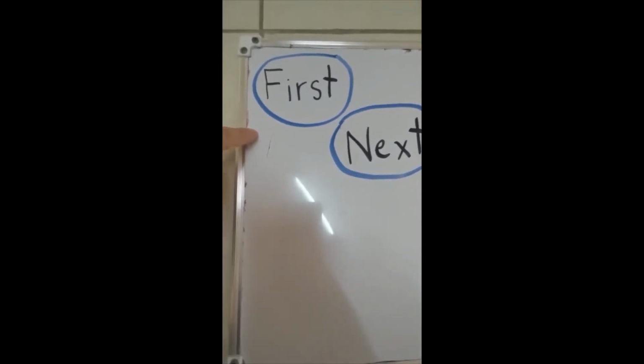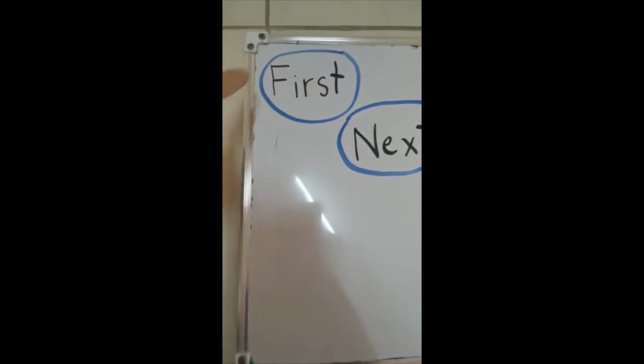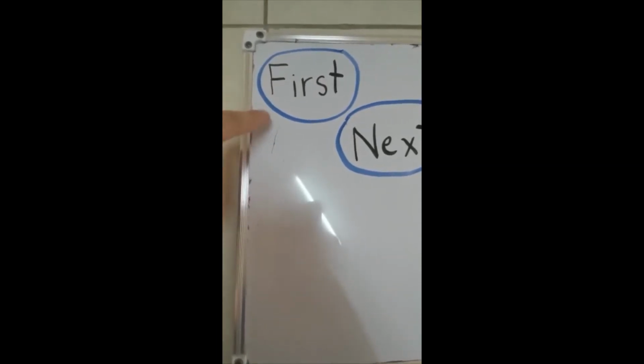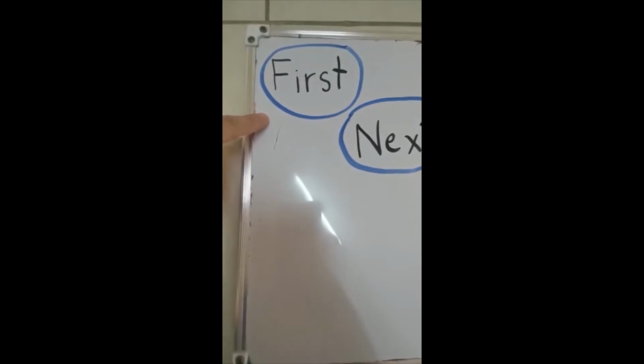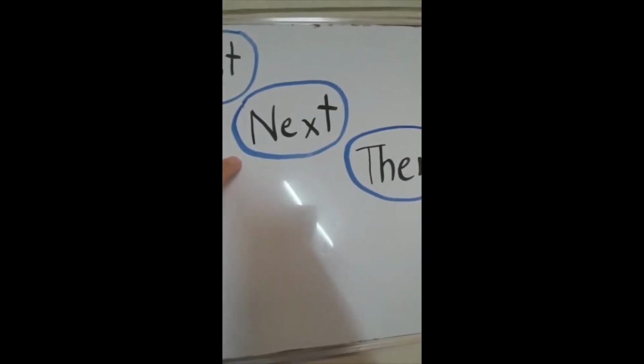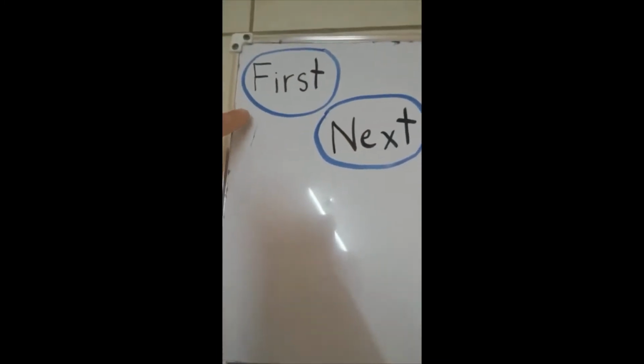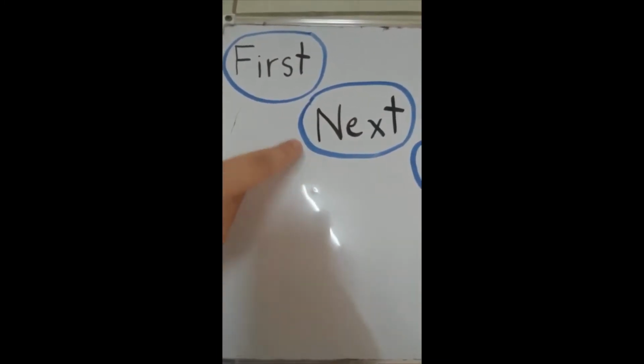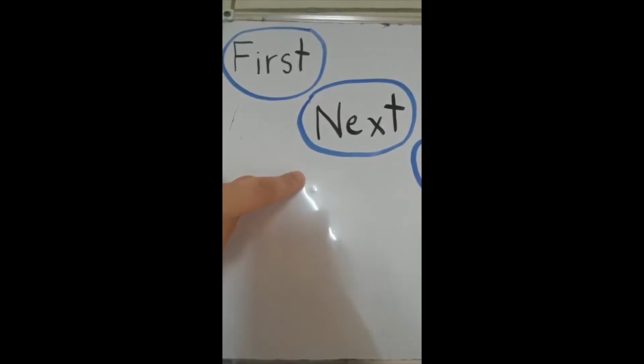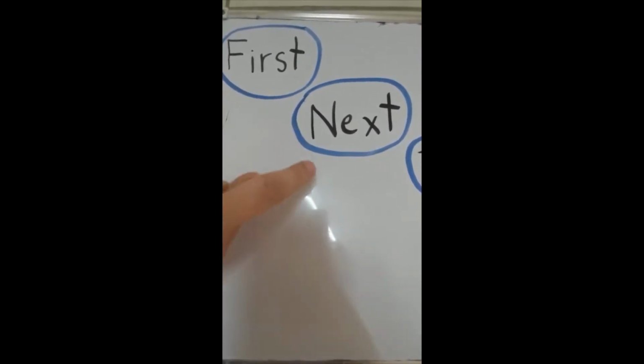First means what happens at the beginning. Next, what happened after first. So what happened at the beginning of the story and what is happening next. What comes next?